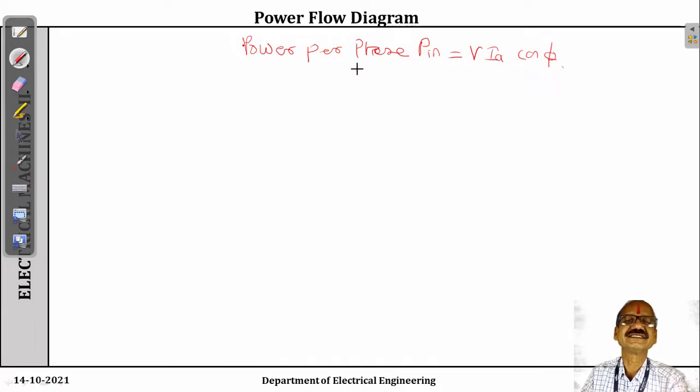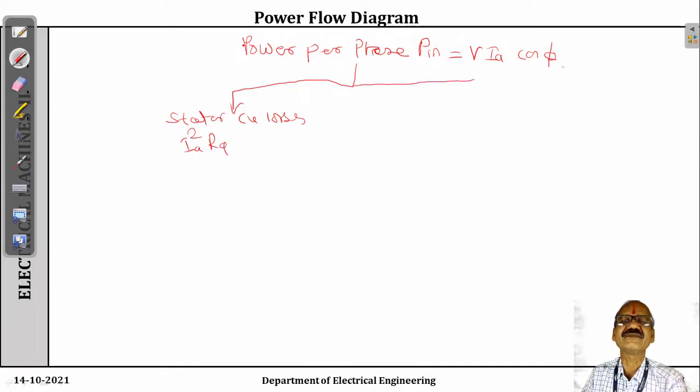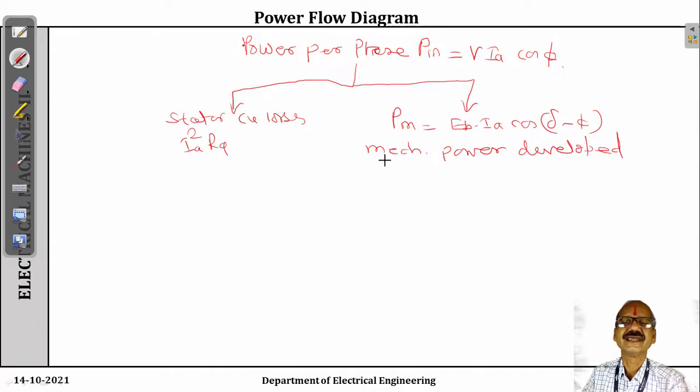Now out of this, here it is the stator copper losses, given by I_A² R_e, and the rest of the power is the mechanical power developed in the armature, P_m equal to E_b into I_A into cosine of (δ minus φ). This is P_m, mechanical power developed in the armature.